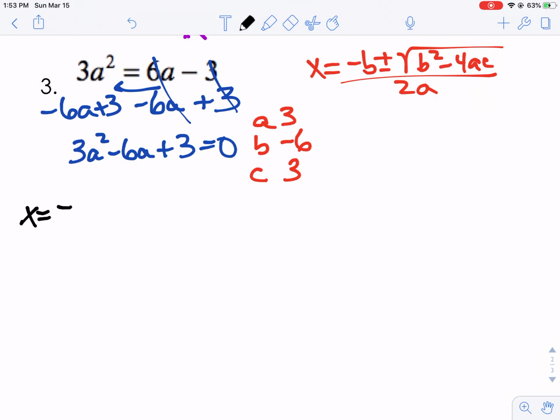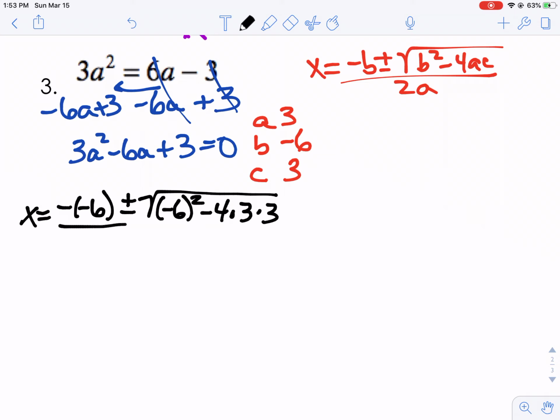X equals negative. My b is negative, so I hug it. Negative, negative 6 plus or minus square root. Hug your negative b, so negative 6 squared minus 4 times 3 times the c, which is also 3. All over, get the bar all the way across, 2 times 3.